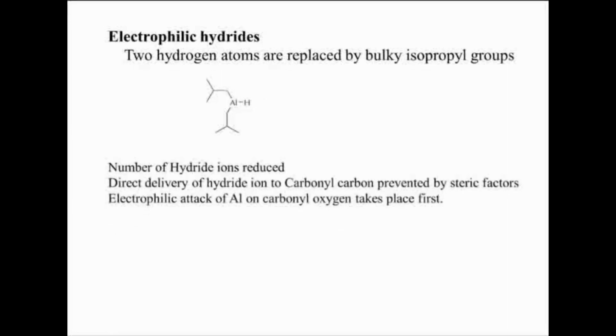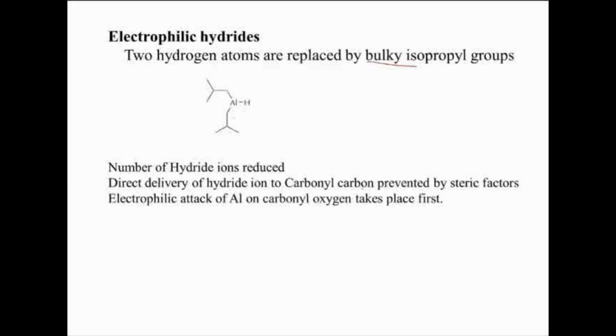Other thing is, the number of hydride ions is reduced, and next, because of the bulkiness of the substituent, we are having bulky isopropyl groups. So unlike the case of the nucleophilic hydrides, the hydride cannot be directly delivered to the carbonyl carbon because of these steric factors.